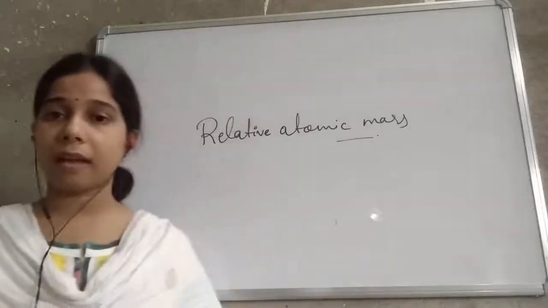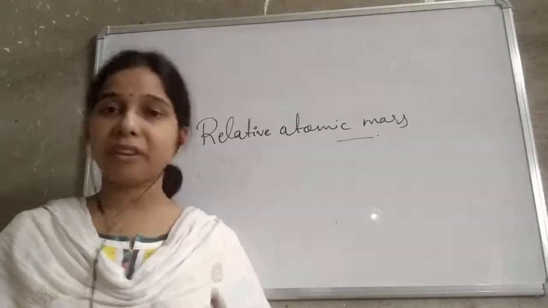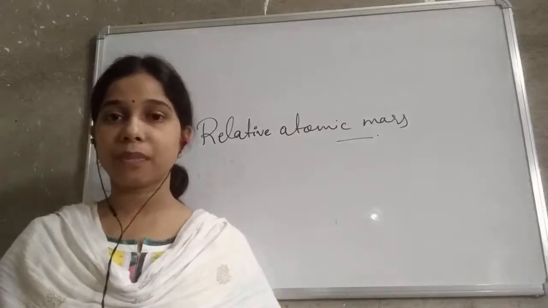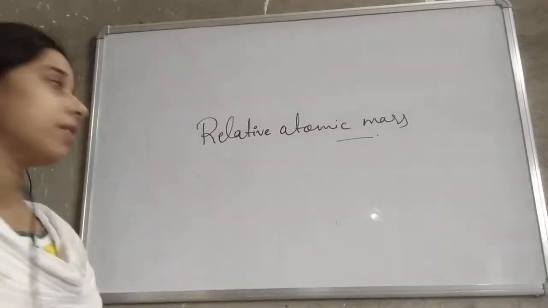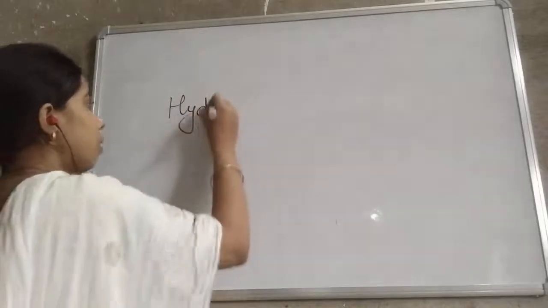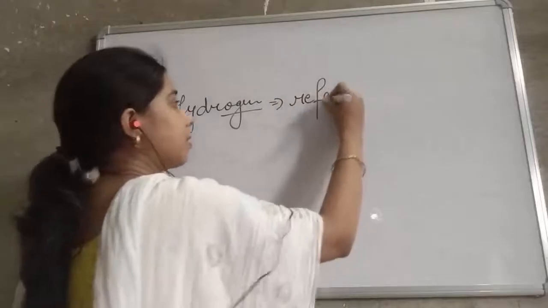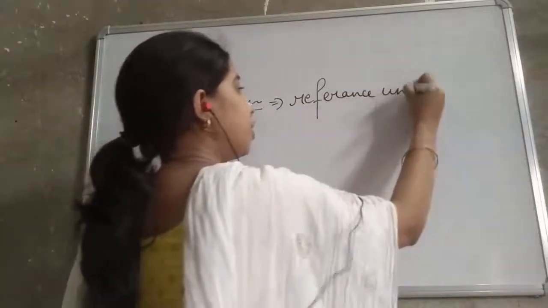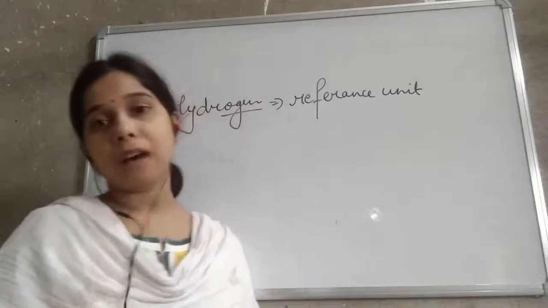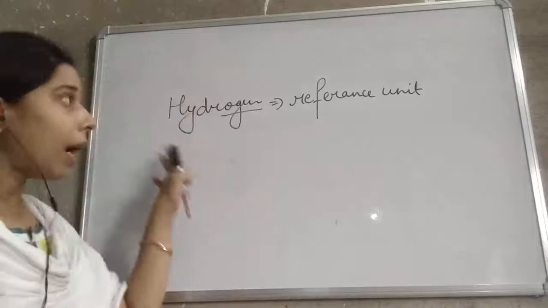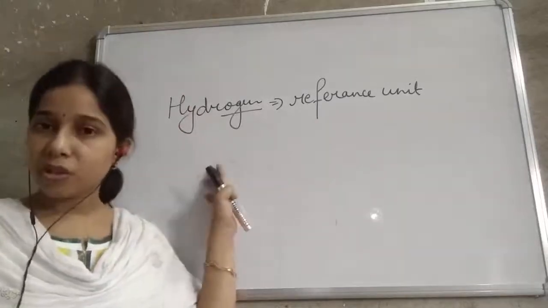Now the question arises, what is the standard reference unit which we use to measure the atomic mass of the element? Scientists recommended the first element, and that is hydrogen. So hydrogen was used as a reference unit to measure the mass of the atom of the different elements. Now, why did they recommend hydrogen here?